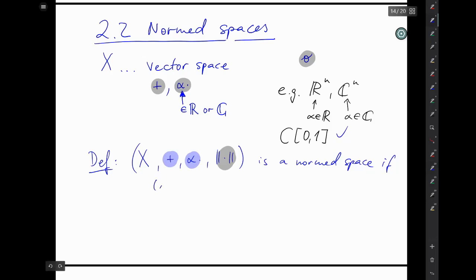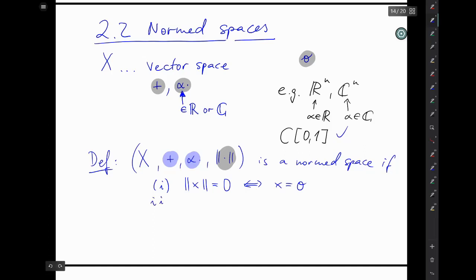So the first condition is actually not compatibility with the other two operations. This is what we call definiteness. So the norm of an element x gives you 0 if and only if x is the 0 vector that, like we said, you always have in every vector space.